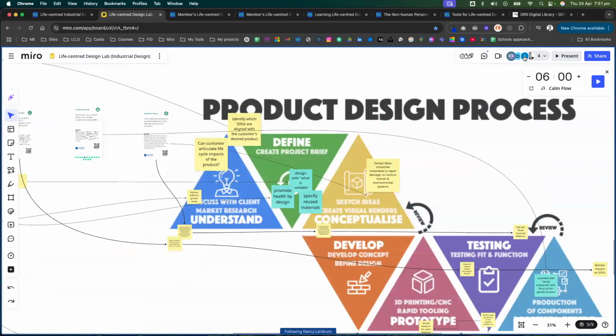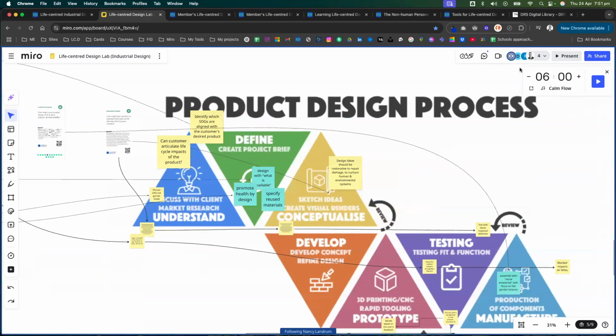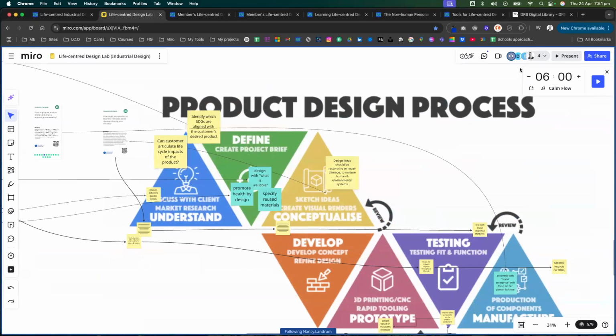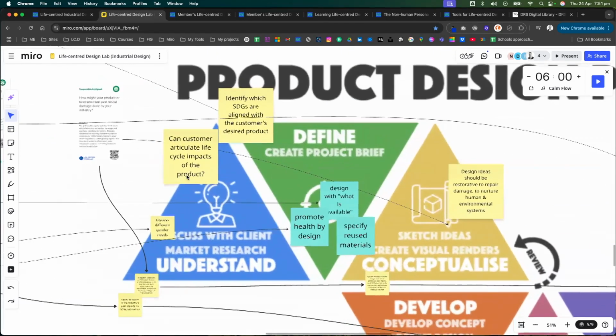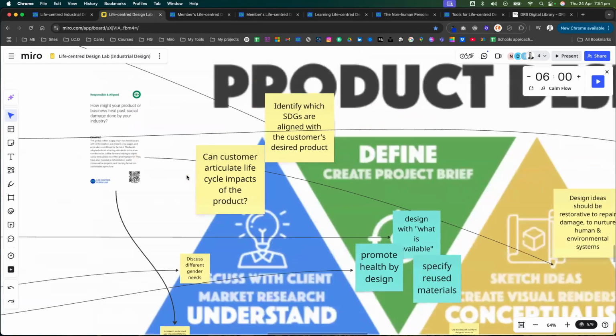Yes, I only have a few things that I put on here. First, in the understand stage or step, I wonder when we interview the customer and do our market research, if the customer can even articulate the life cycle impacts of the product.